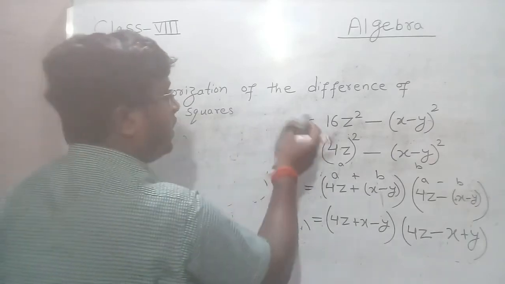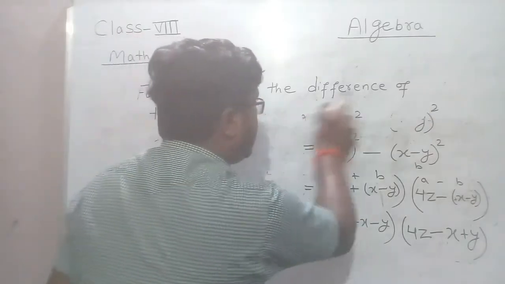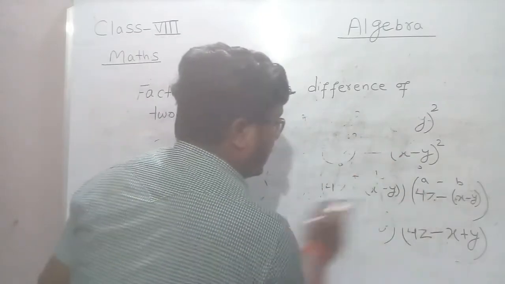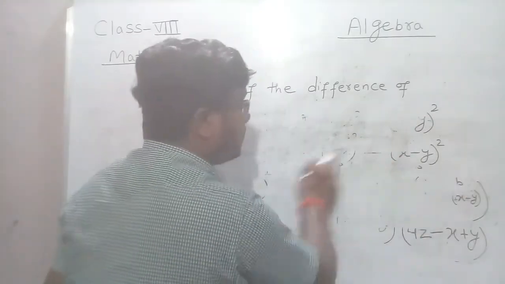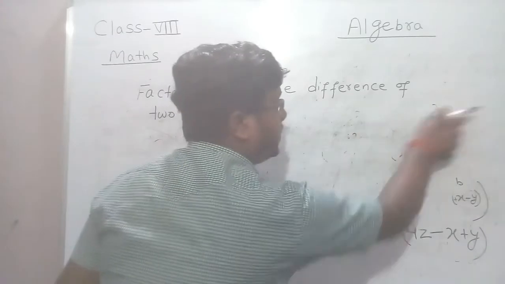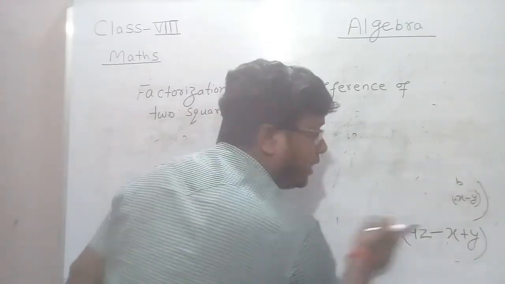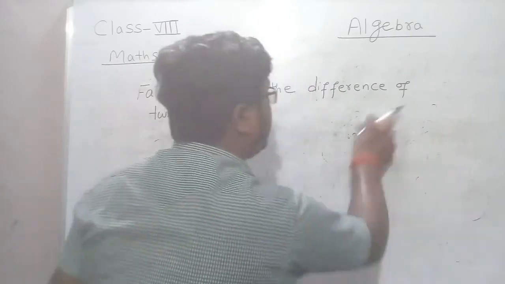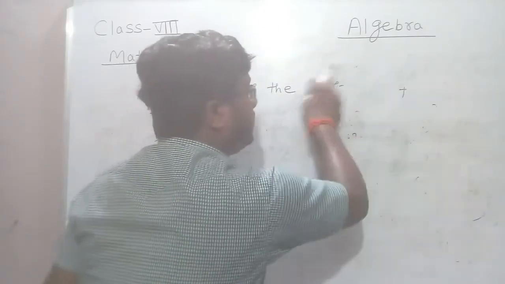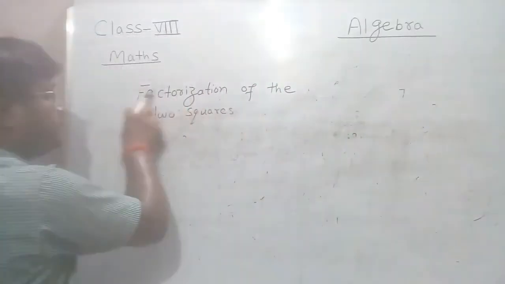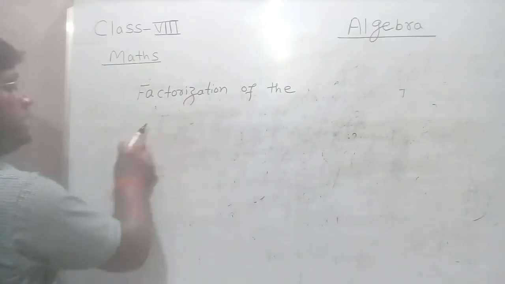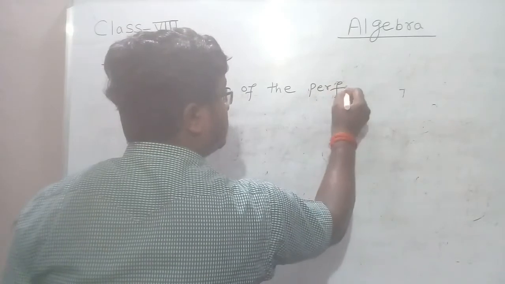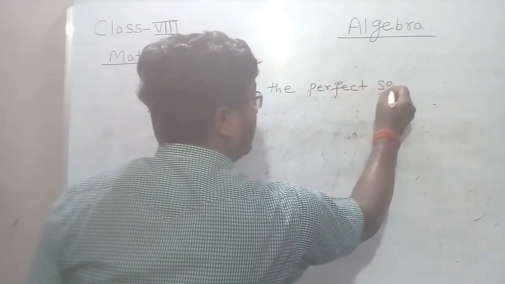Now we are going to do factorization of the perfect square type. Perfect square type means they will be in the form of a plus b whole square or a minus b whole square.